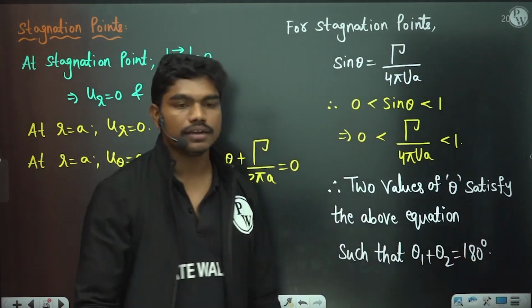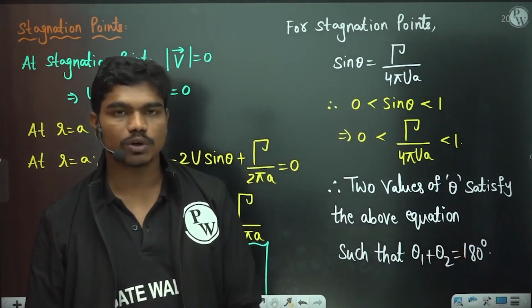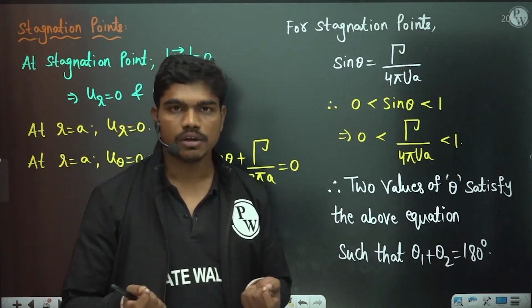Obviously sin theta is the same as sin of pi minus theta, so the sum of those two angles should be equal to 180 degrees.